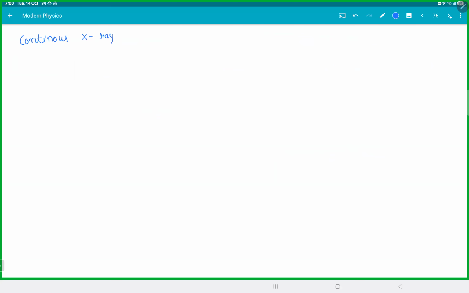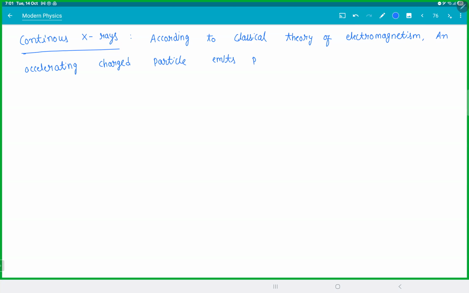Why this happens, we have no idea, but it happens. That was a drawback in the Rutherford model: since the electron is going in a circle, it has centripetal acceleration, therefore it should keep on emitting photons and eventually collapse. So the same thing will happen here.